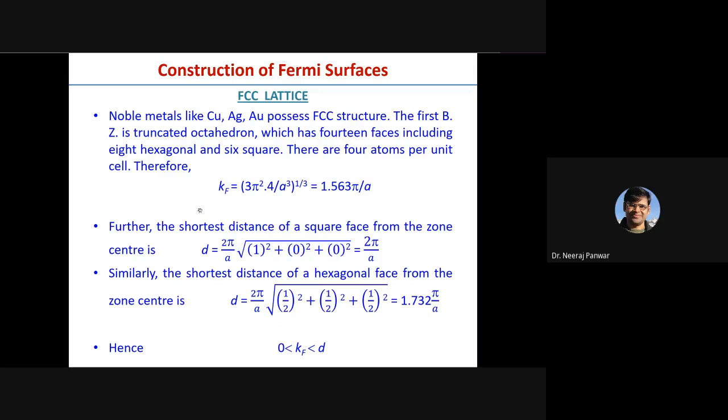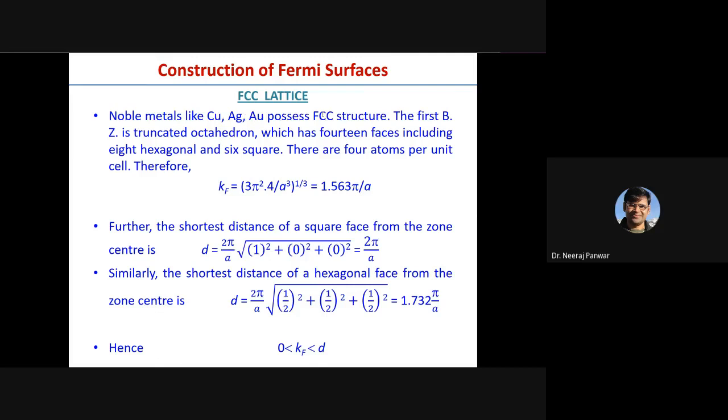Similarly, we can understand the case for monovalent metals but having an FCC lattice. FCC means face centered cubic lattice, and noble metals are the examples of monovalent metals which have the FCC lattice. For example, copper, silver, or gold.